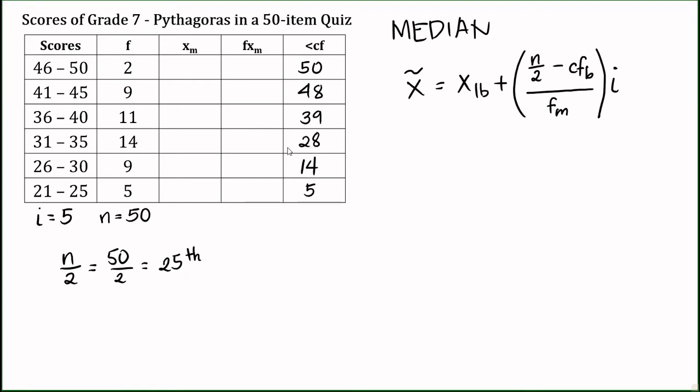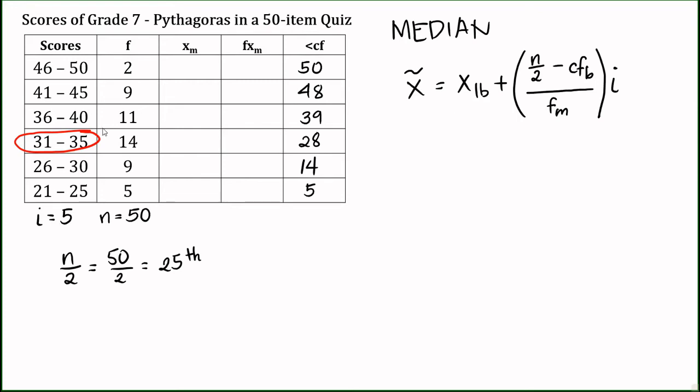So, ang atin pong tinutukoy dito is yung 28. So, dahil siya yung least value na mas malaki sa 25, that means ang atin pong median class ay ito. Okay? Ito po ang ating median class. Yung 31 to 35.